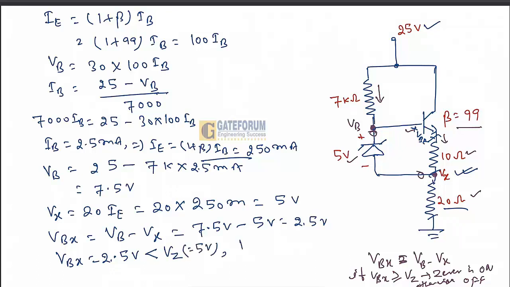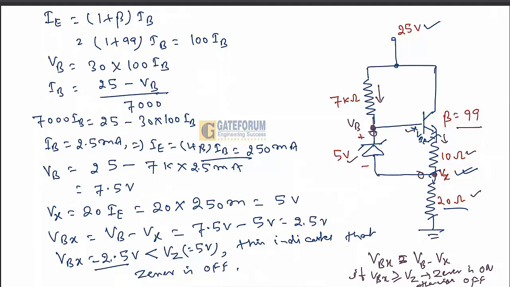This indicates that we had assumed that the Zener diode will be in the off state, and it is now verified and justified by finding this value of 2.5 volt. So this indicates that the Zener is off, and our assumption is correct.